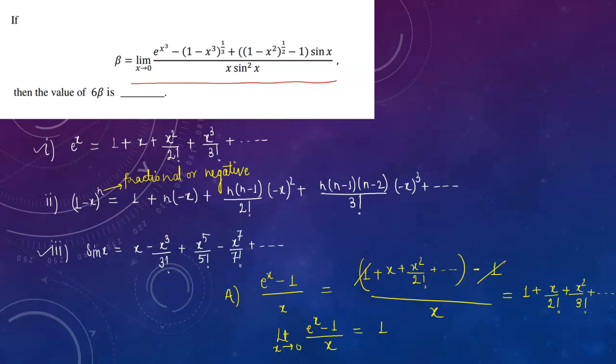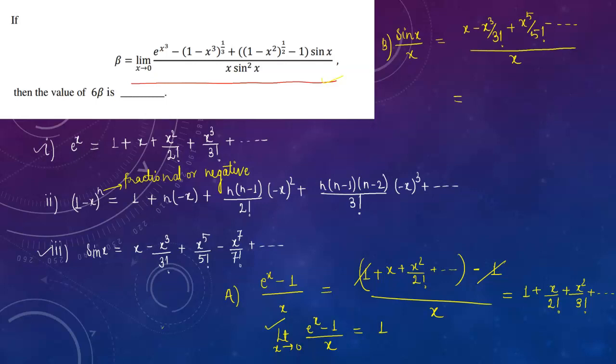So this concept will be used in evaluating the limit. We calculate sin x upon x. Let this be A and that be B. Sin x is x minus x cube by 3 factorial plus x to the power 5 upon 5 factorial and so on, divided by x.